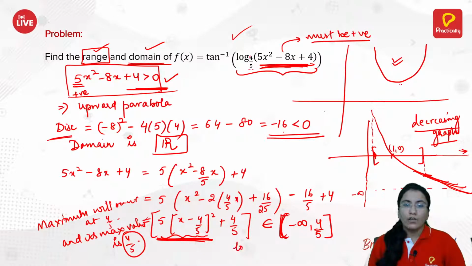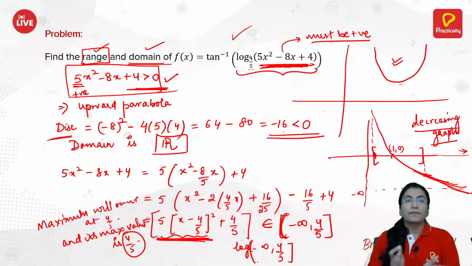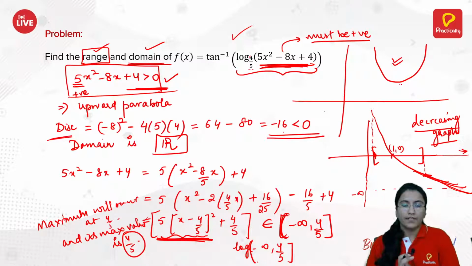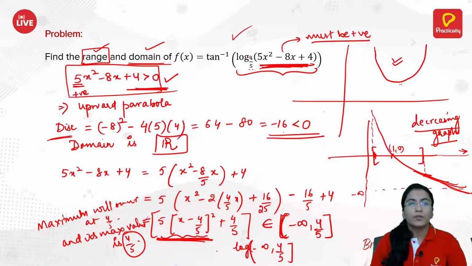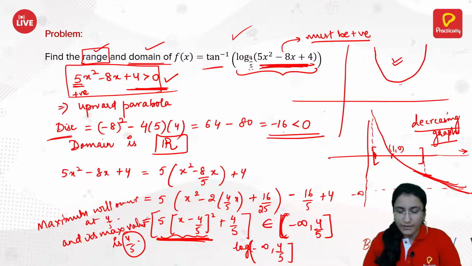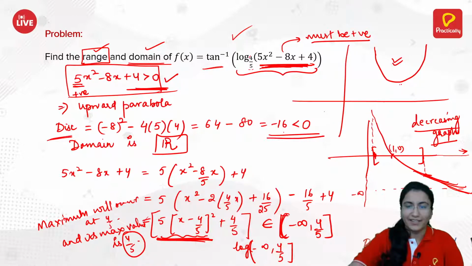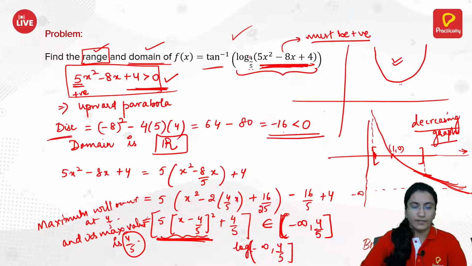Basically, these values from minus infinity to 4 by 5 are given to tan inverse. So for this much value, you can see what would be the value of tan inverse. This is your work, you can do this now. Okay, Ayush, you are late, not an issue. You can now see what values you can take for this particular graph.